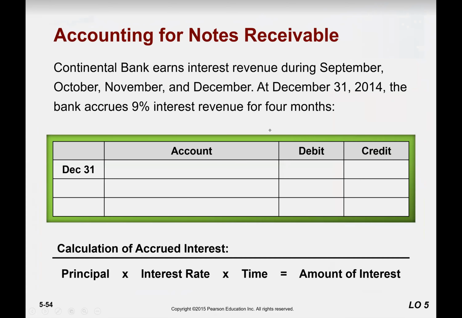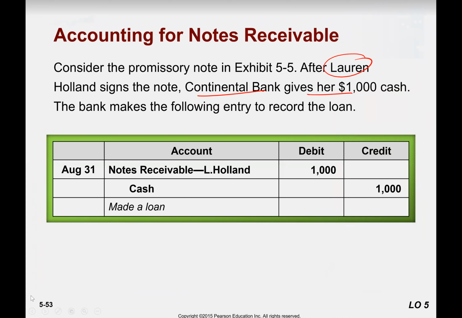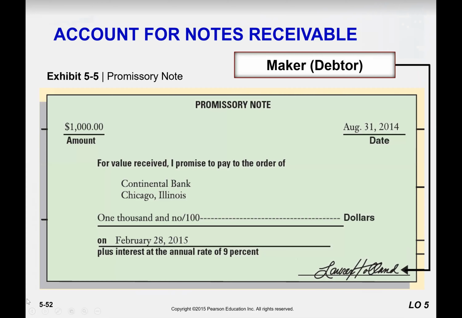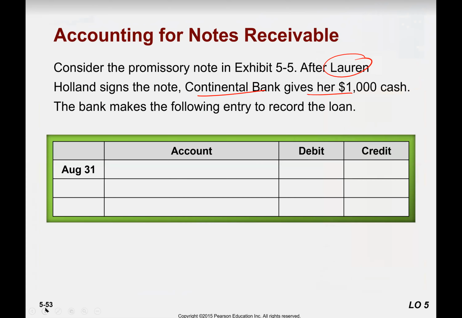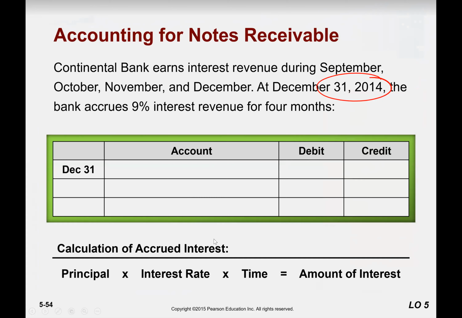Okay, so if we are issuing a receivable, what is the entry? Continental Bank gives Lauren 10,000 cash. The entry would be notes receivable to cash, simple. And at the close of the fiscal year, remember how the date is. Did they mention the date? No. The date is for August, which means 1st September. From 1st September to December 31st is 3 months, right? So the bank has the right to collect 3 months. No, September, October, November, December is 4 months, sorry.